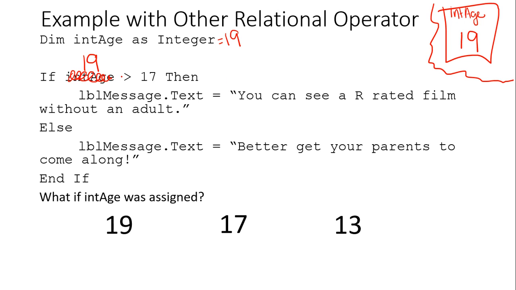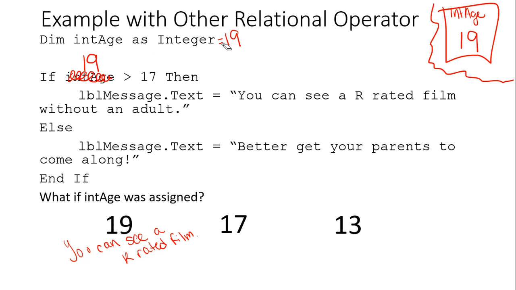Is 19 greater than 17? 19 is bigger than 17, right? So this would be a true statement. So that means I would go inside of the if. So I will say, you can see an R-rated film, right? The entire thing. But you guys are allowed to be lazy too. You guys don't have to write it all out.